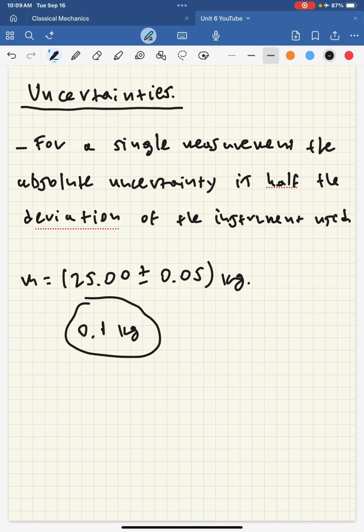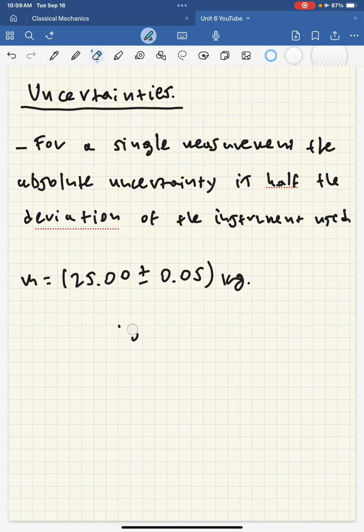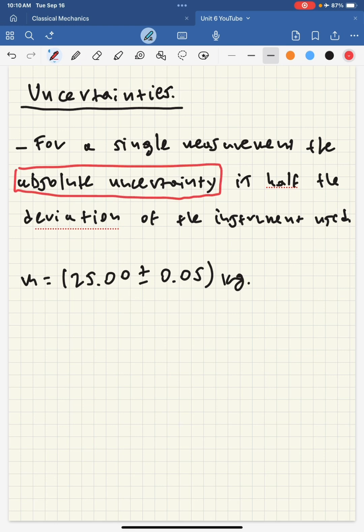If the smallest deviation of the instrument is 0.1 kilograms, you take half of that, okay? And this is your absolute uncertainty, and it's called absolute because it's measured in the same units as the measurement itself. So this is the absolute uncertainty. I'm gonna box this, okay?